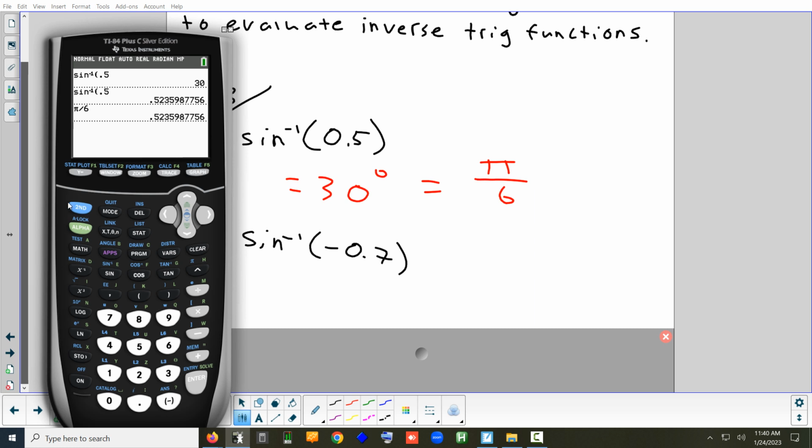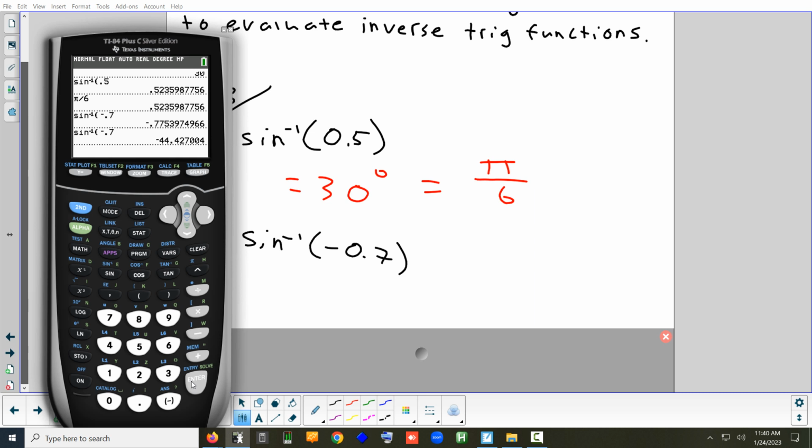So inverse sine of negative 0.7. Okay, that's not a nice number in radians, but I told you to do it in degrees first. So let's check it in degrees. Well, it's not a nice number in degrees either. So in this type of problem, rounding to 2 decimal places is fine. There is no way to write an exact answer.